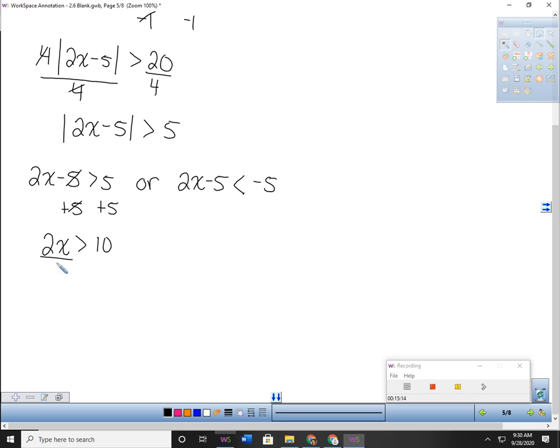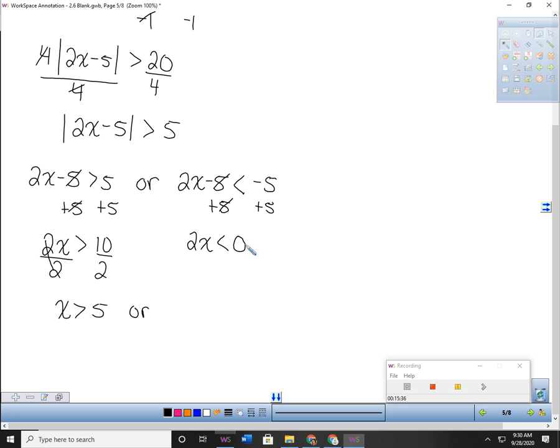Then I divide by my 2. So x is greater than 5. Or, then I do the same thing over here. Add the 5. So I have 2x is less than 0.